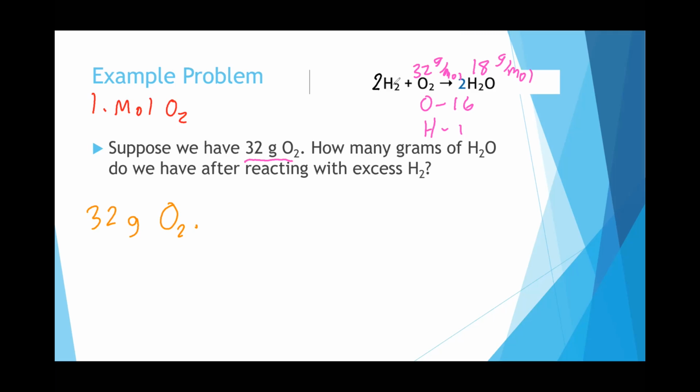But the molar mass of oxygen gas is 32 grams of oxygen per 1 mole of oxygen. So as you can see, the grams of oxygen cancel out. So you're left with 1 mole of oxygen.